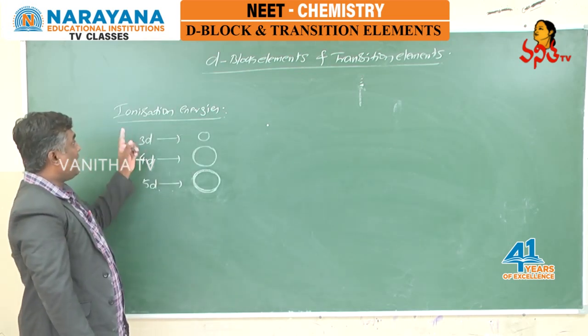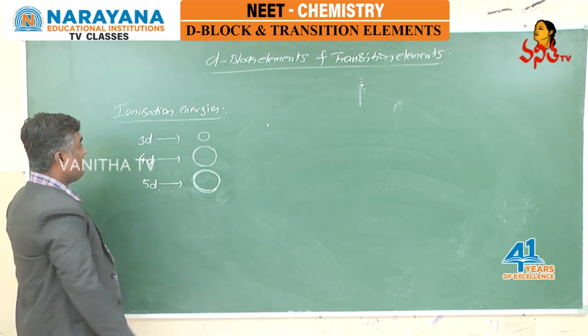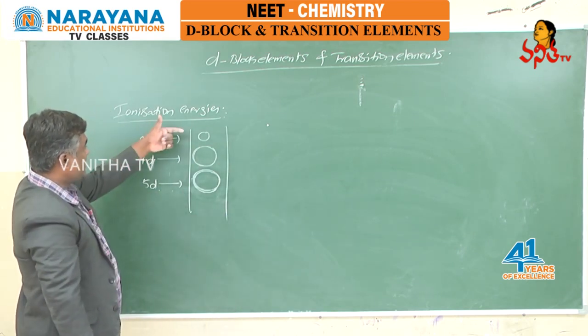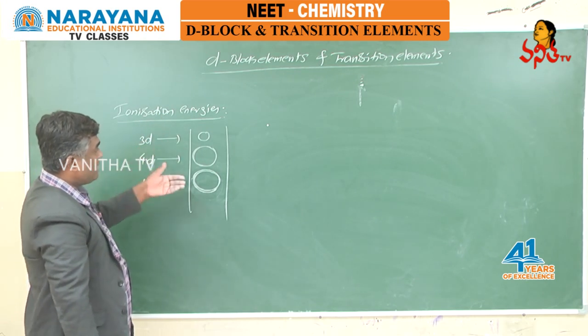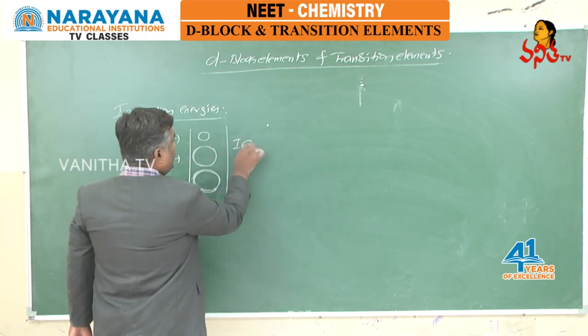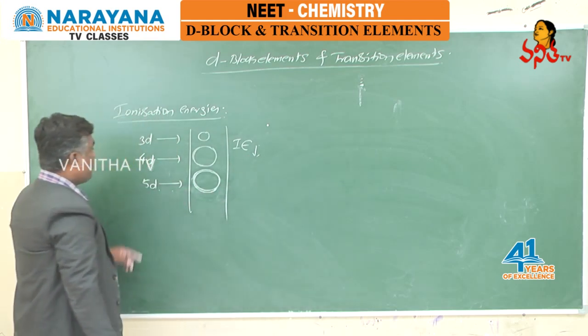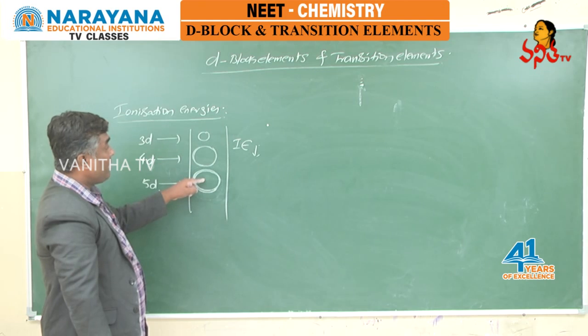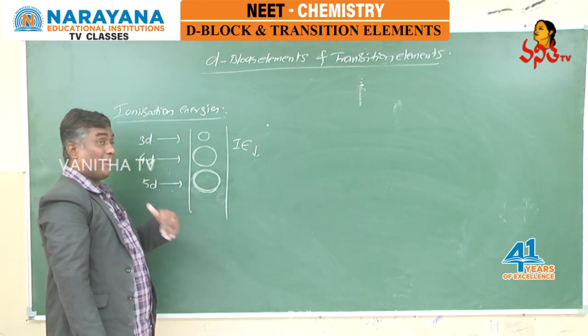And if you discuss ionization enthalpy vertically, see here from 3d series to 4d series, size is increasing. As atomic size increases, ionization energy decreases. But from 4d series to 5d series, size is remaining same. But here atomic number increases.